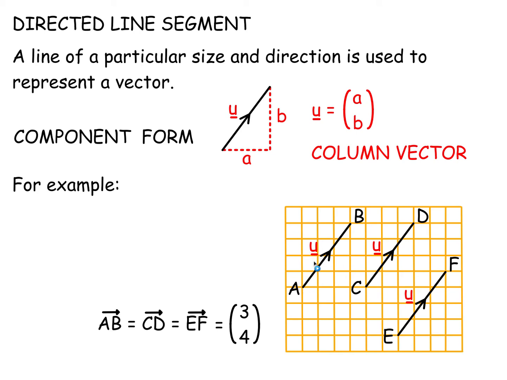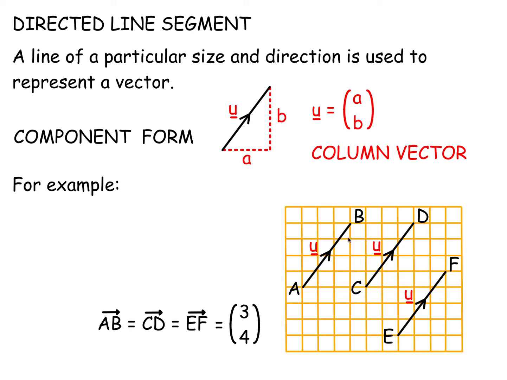This point A and this point B on the line, that's a line AB heading in a particular direction, is written as AB with an arrow above it, and it's read directed line segment AB. So it's a line AB, but with the arrow above it, it becomes directed line segment AB.